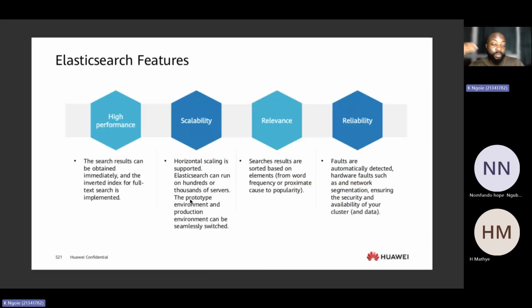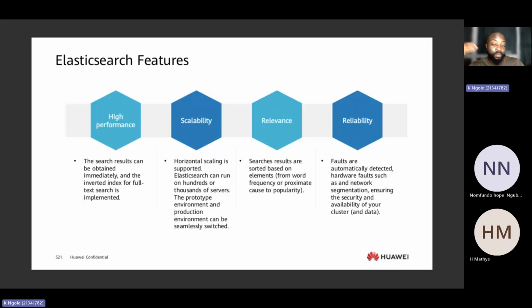Some of the features we talk about: its high performance. What does it mean? It means that the search results can be obtained immediately. Once you search something in your database, you immediately find it.